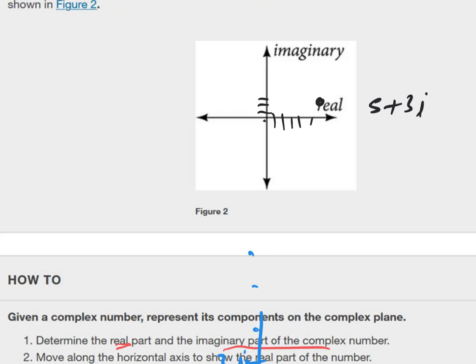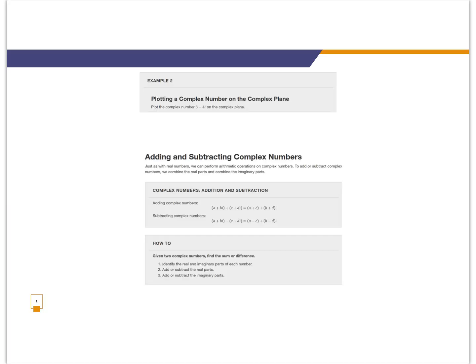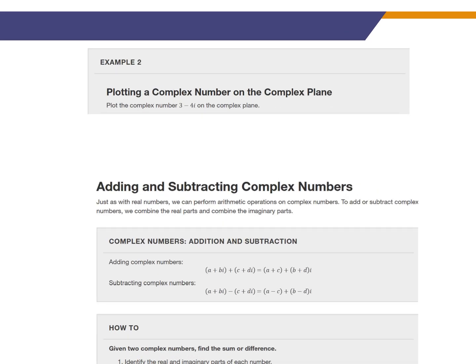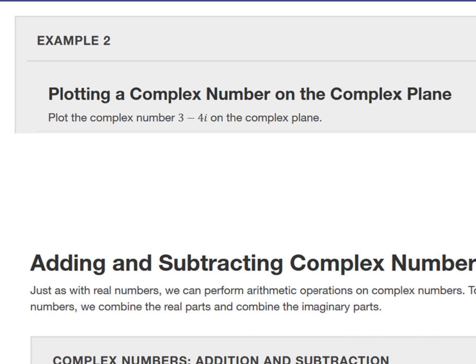But we realize that all the points could fall on this imaginary line in here. They can fall on that line, but then there are others too. Let's get an example. Here's one: 3 minus 4i.